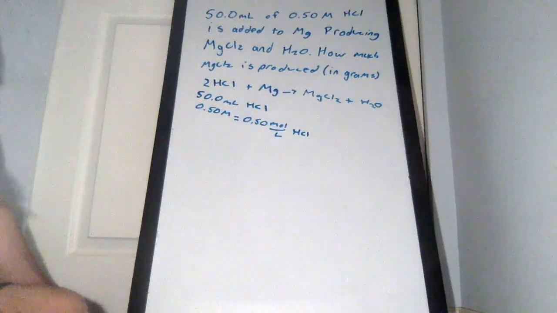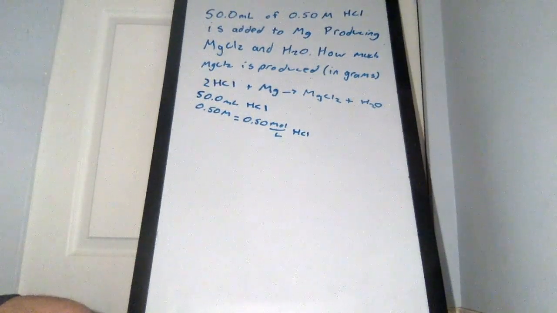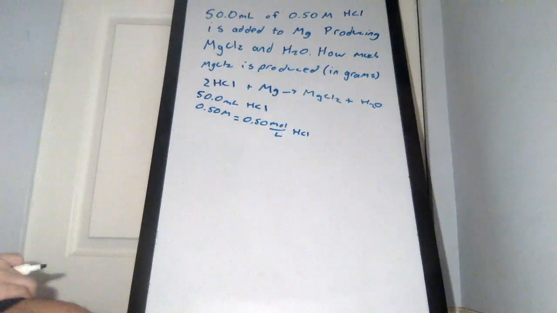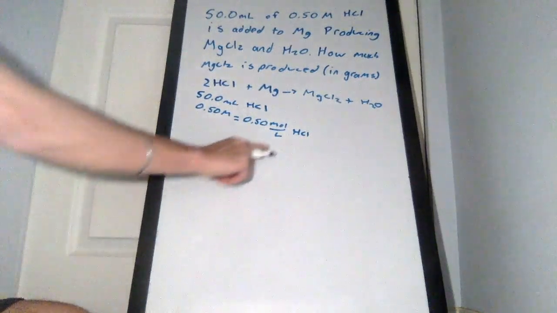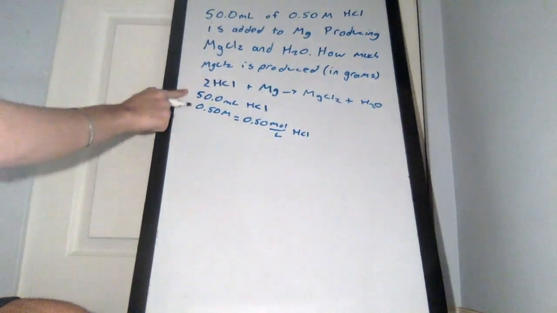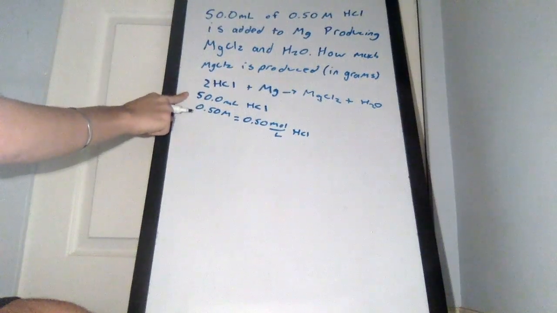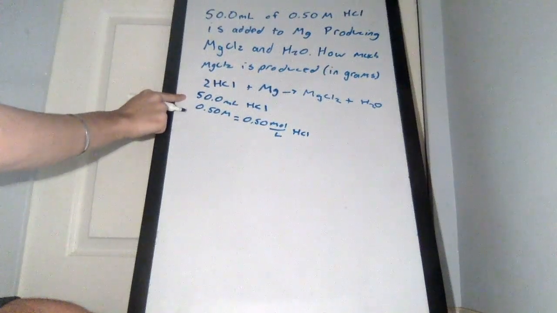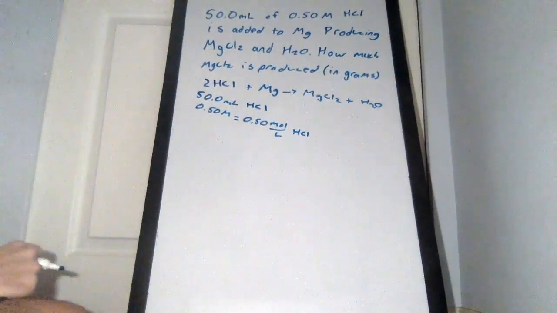All right, so next up, we're going to want to convert our units into moles of HCl. So moles per liter, and we have milliliters. So the first thing we want to do is convert our milliliters into liters so that our units will be able to cancel out.